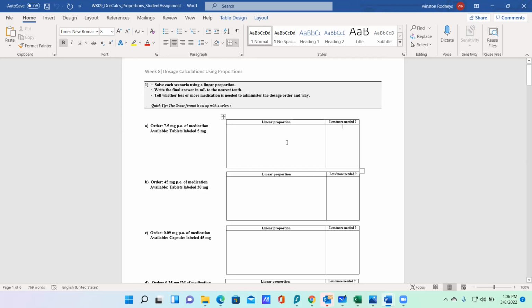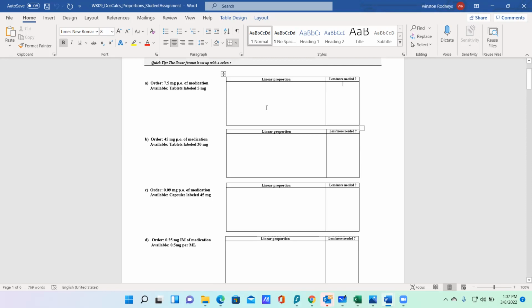So if it's 1.5, then you're going to say, well, we're going to need 1.5 tablets because you need 1.5 to fill this order. Same thing here, 45, and then you have 30, so you divide. That also gives you 1.5, I believe.